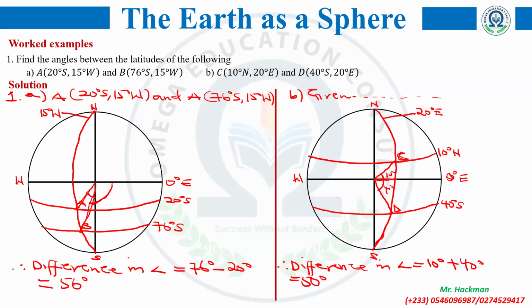The point B, what is the latitude? I'm waiting. Oh, it's supposed to be B. Sorry, I changed it. I didn't change it when I extracted it.